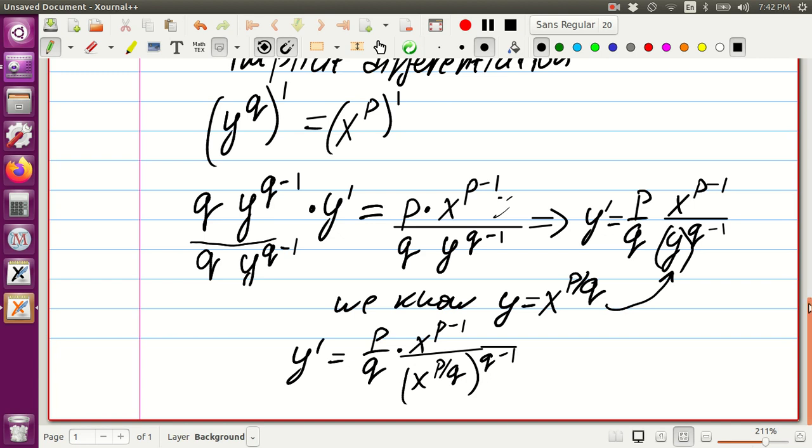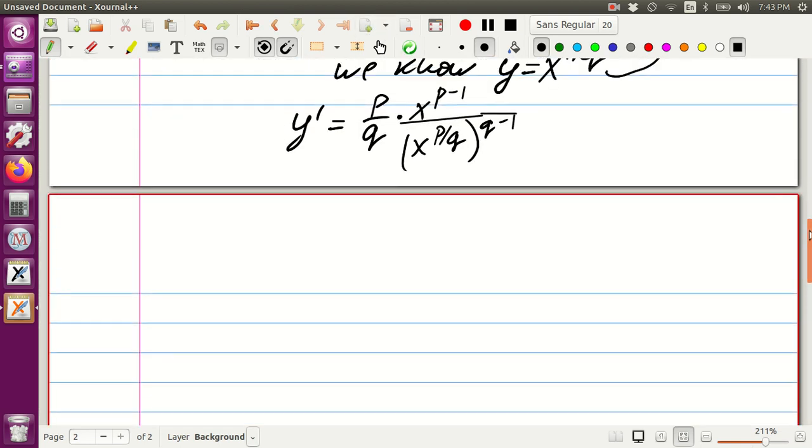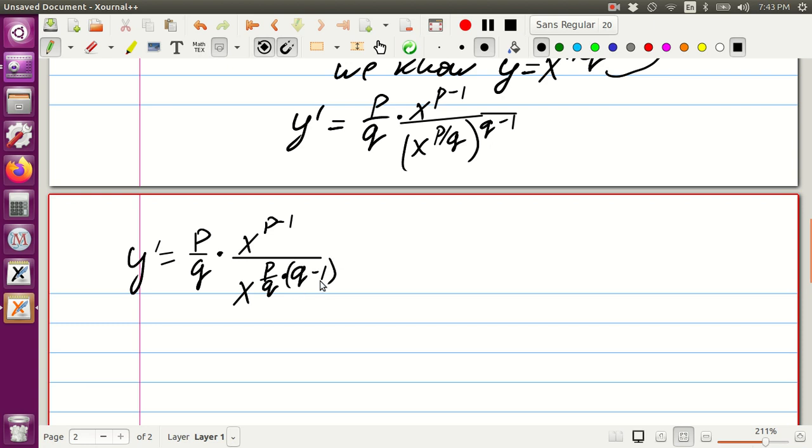Alright, so let's try to simplify this expression. We have y prime equals p over q times x to the p minus 1 divided by x to the p over q times q minus 1.